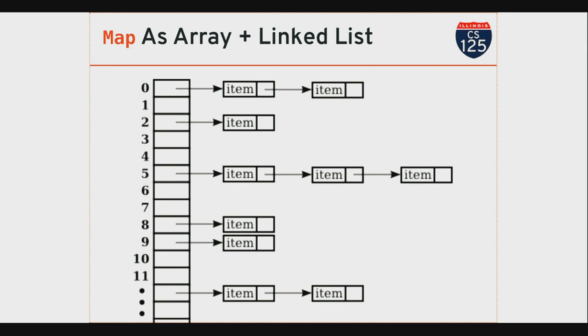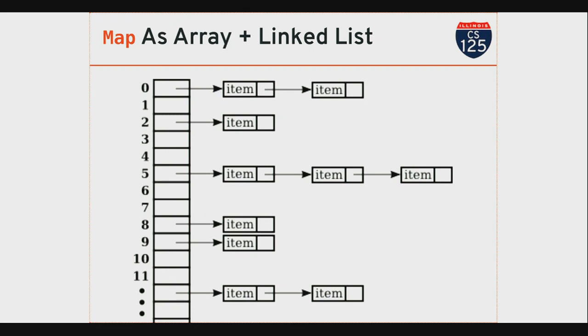This is what's so cool about this particular implementation of a map. I'm combining 2 data structures that you've seen already this semester. So here's what happens in my map. This map has, you can see, 12 different slots. When I put something into my map, I take the hash code and use it to figure out which slot it's gonna go into in my array. If it's the only item in that slot, I'm fine, I just add it.